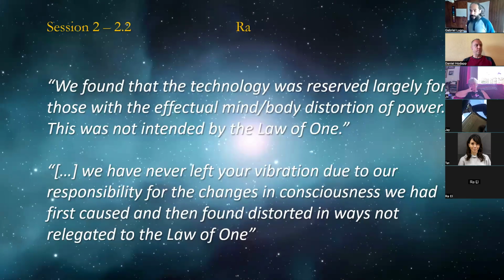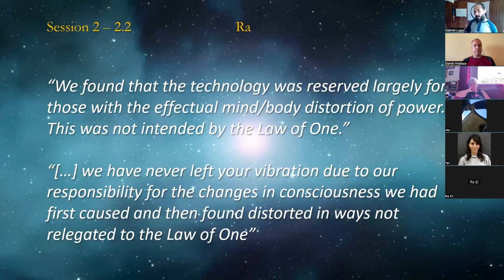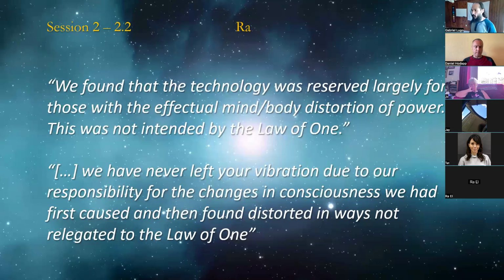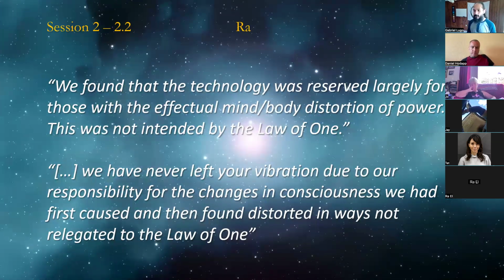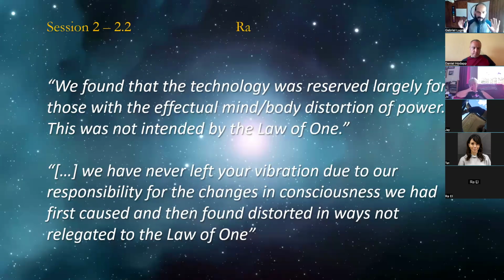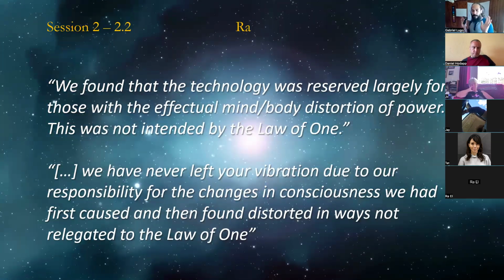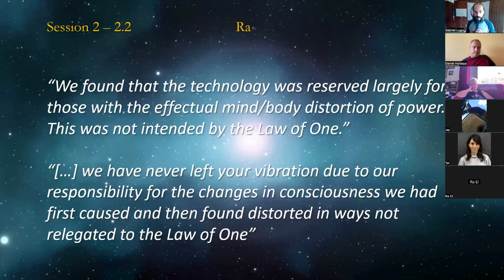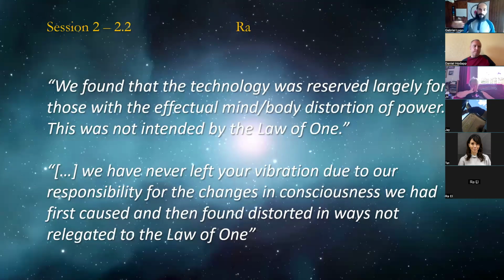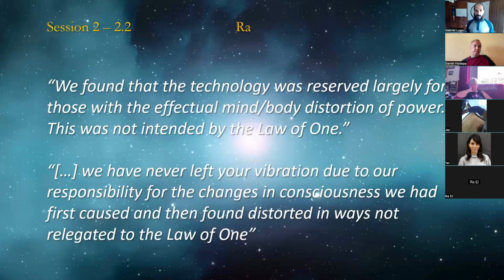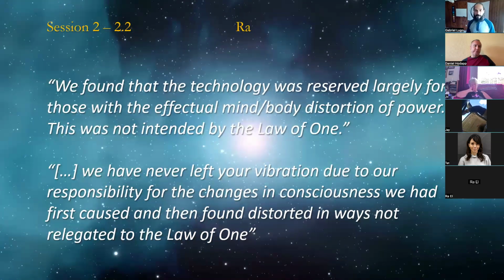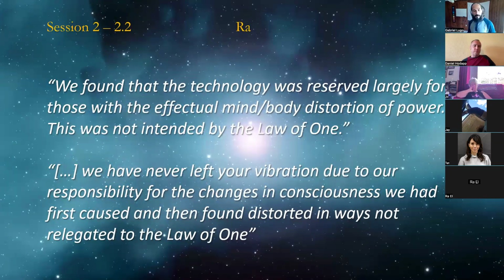However, they say we have never left your vibration due to our responsibility for the changes in consciousness we had first caused, then found distorted in ways not relegated to the Law of One. It's my uneducated speculation that a lot of those distortions are what came out of Egyptian religions and ways of believing the world is, and so on.